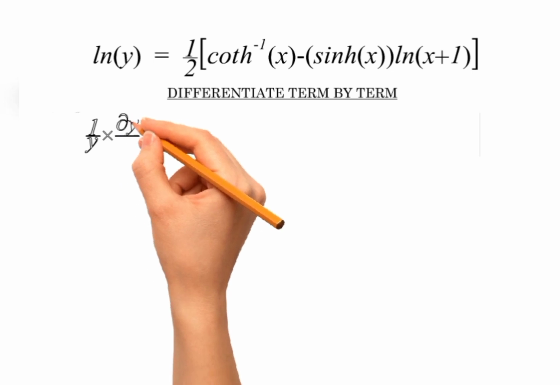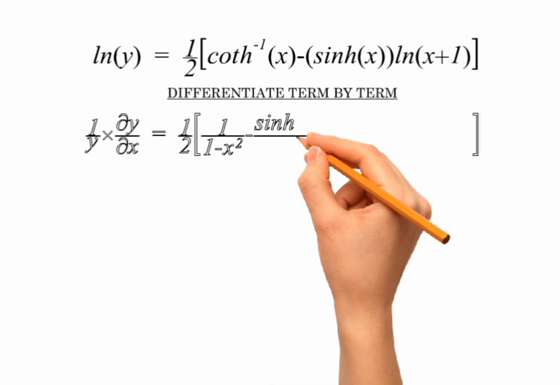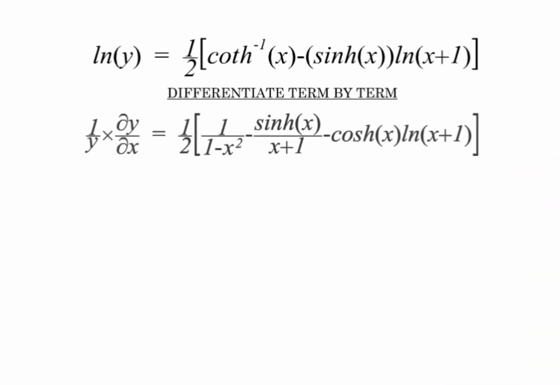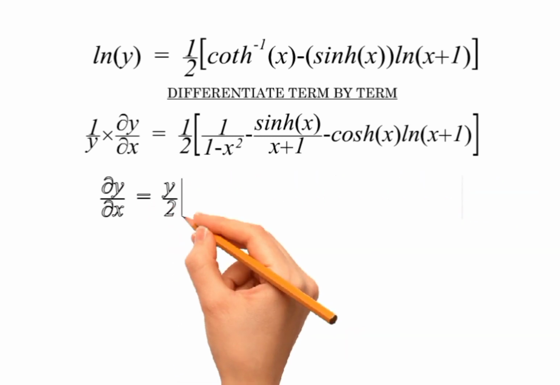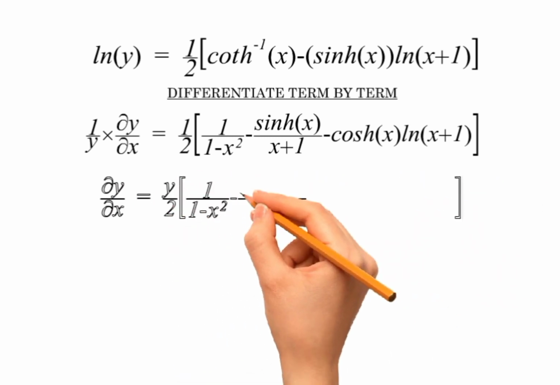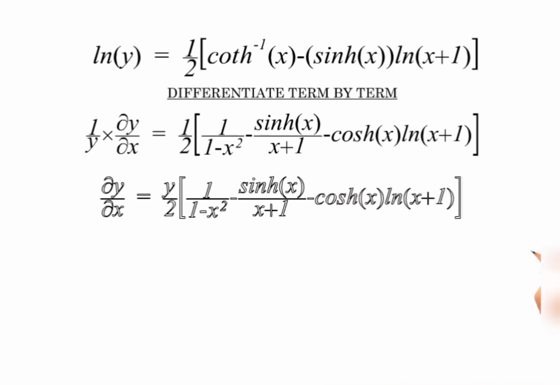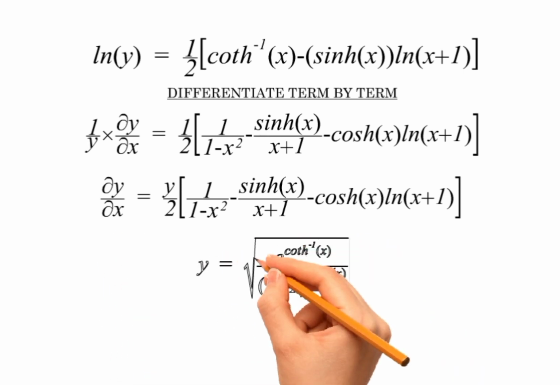Now let's collect our results together. We have the following. And by multiplying both sides by y, we make dy over dx the subject of the relation. To leave the result in terms of x, we can substitute the value of y into the expression on the right-hand side.